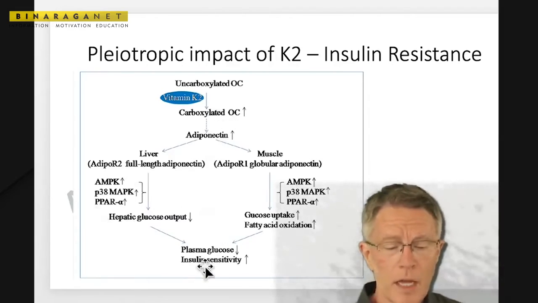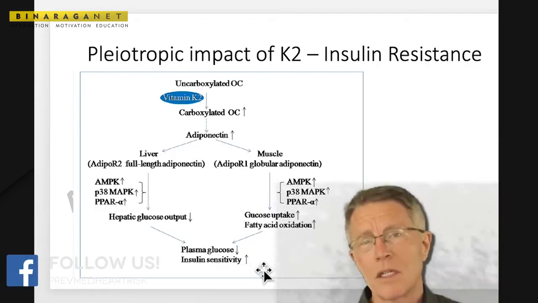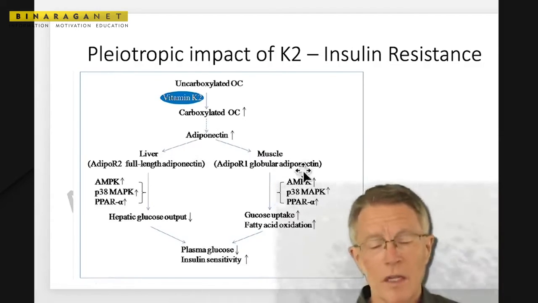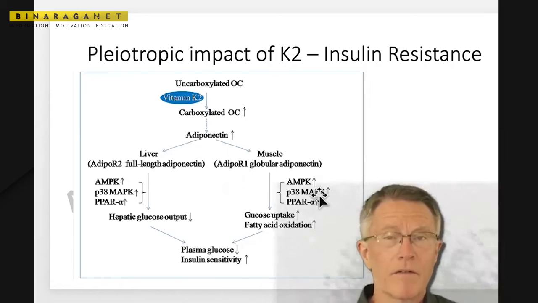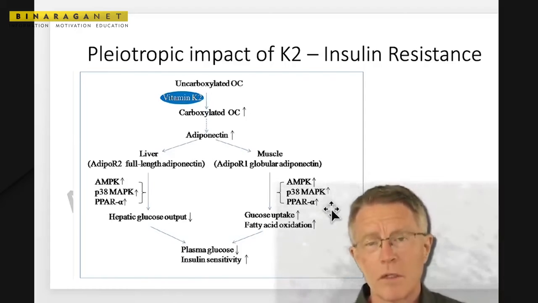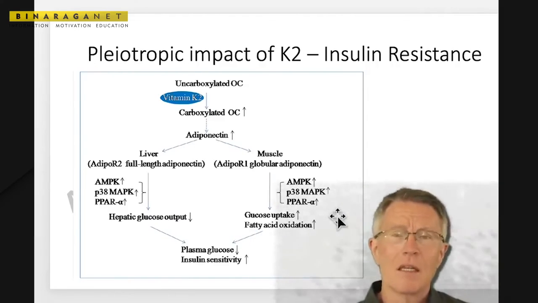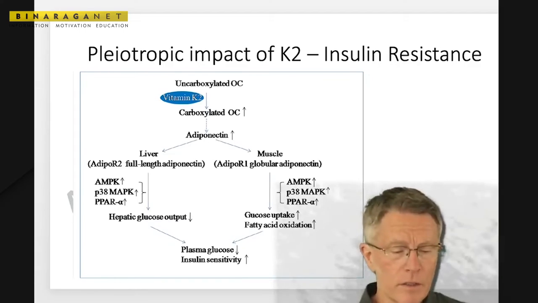Look at the bottom line here. They also impact plasma glucose and insulin sensitivity. On the way there's an impact on inflammation. And it impacts some markers that we've talked about multiple times on this channel involving inflammation, AMPK, PPAR alpha.